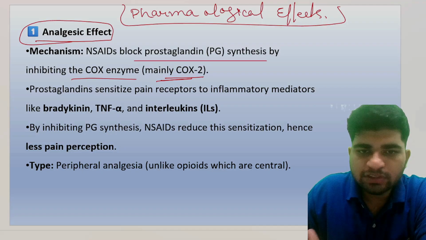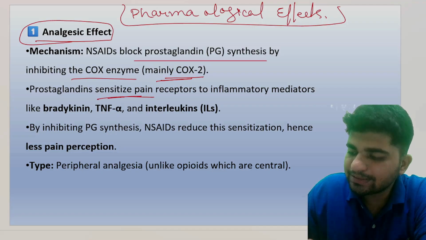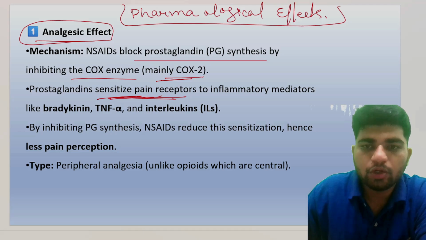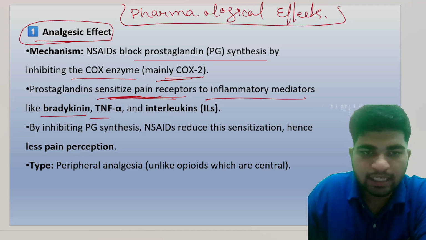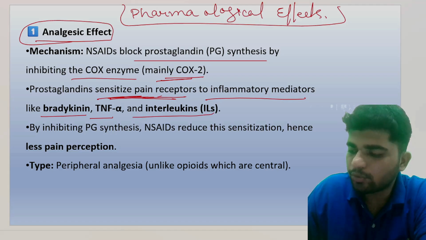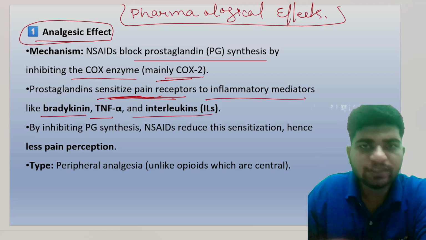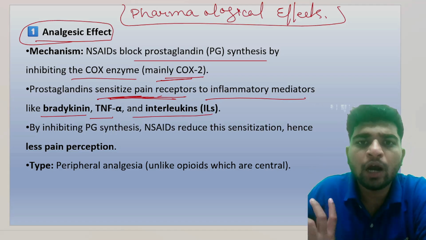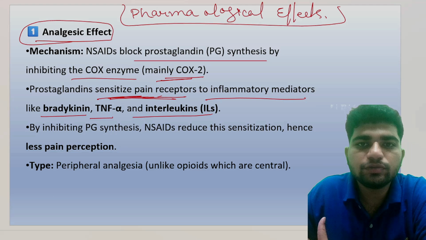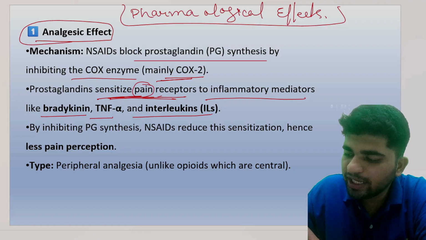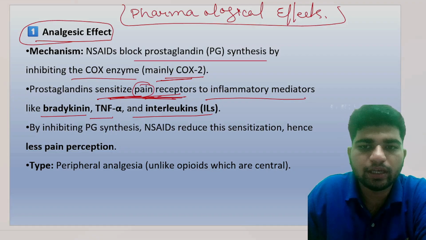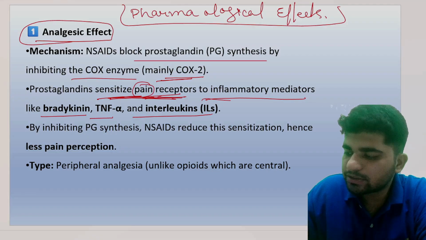All right. Prostaglandin sensitizes pain receptors to inflammatory mediators like bradykinin, TNF alpha, and interleukins. What generally happens whenever we have a pain? How does this pain generate? Prostaglandins sensitize these pain receptors to inflammatory mediators.